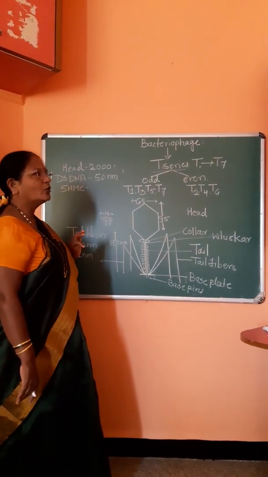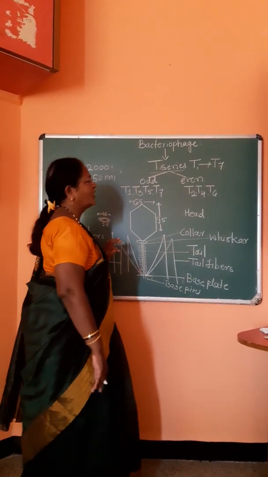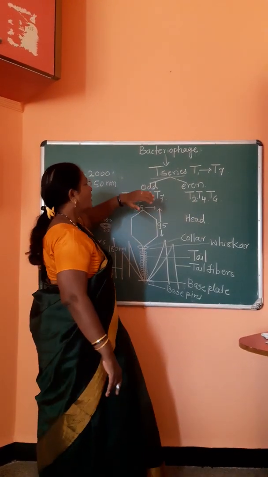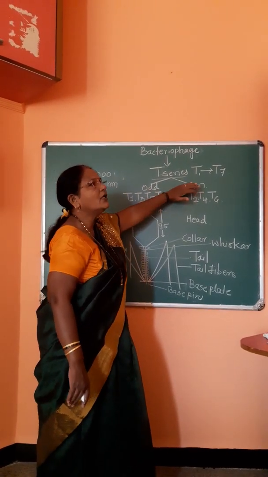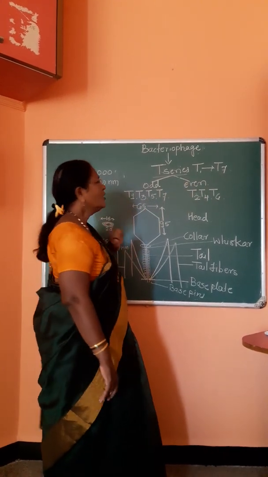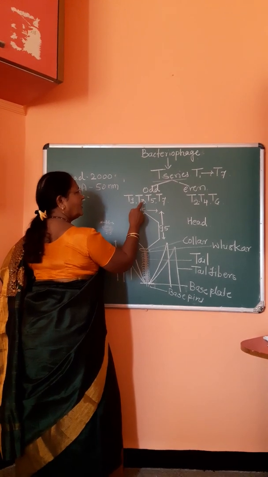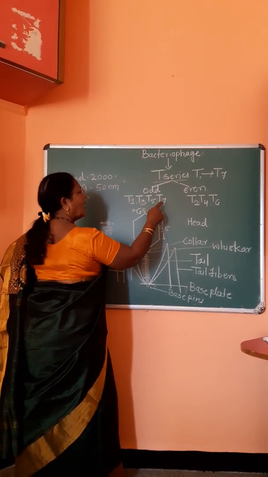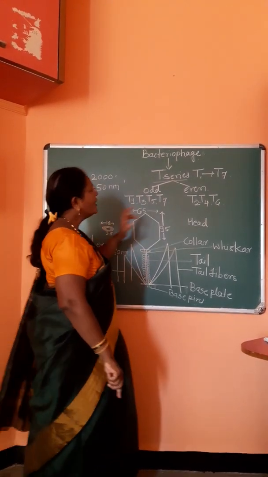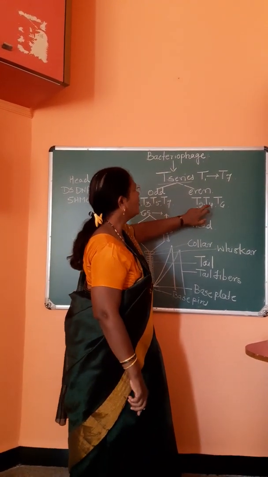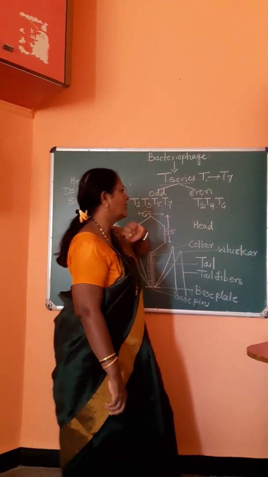Later on, these bacteriophages are typed into two different types, T odd bacteriophage and T even bacteriophage. The T odd bacteriophage group contains T1, T3, T5 and T7, while the T even bacteriophage group contains T2, T4 and T6.